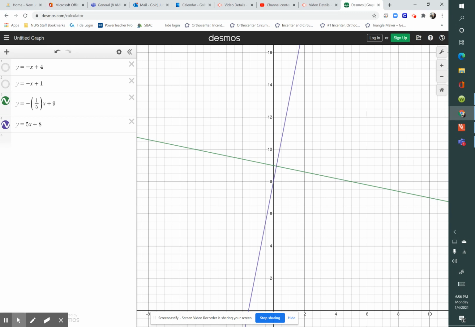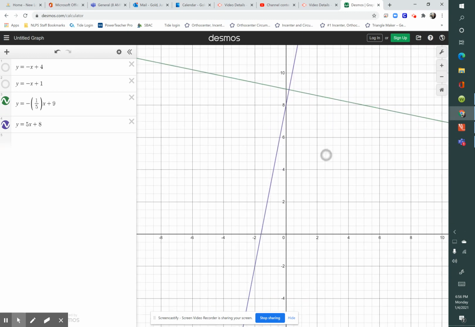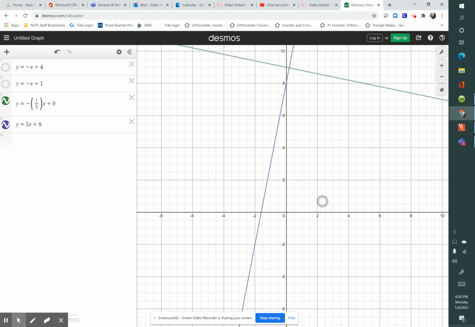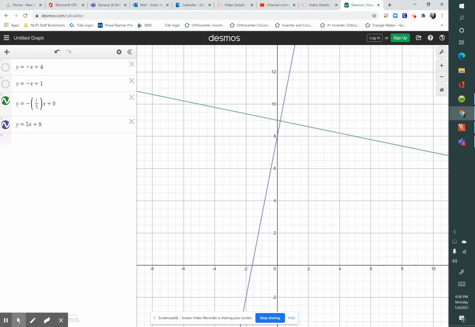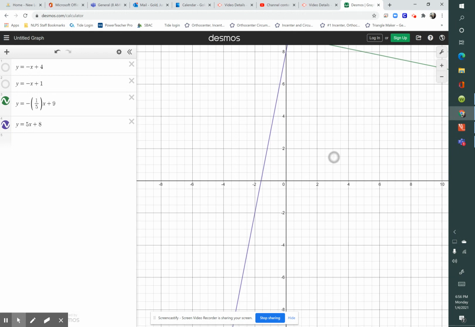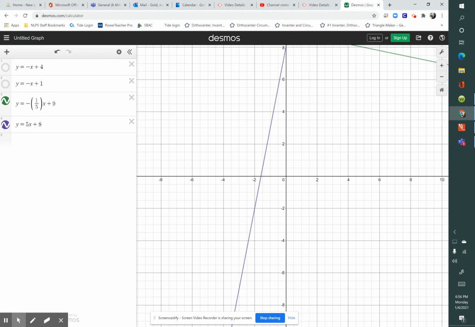And we needed to make sure that it contained the point negative 2, negative 2. So let's move this up there. It definitely looks perpendicular. Those would be right angles. And we're looking for the point negative 2, negative 2, and there it is right there. Our line contains the point that it was supposed to.